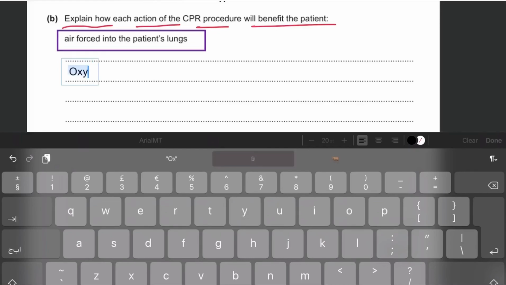So we can write that oxygen is delivered to alveoli, right?